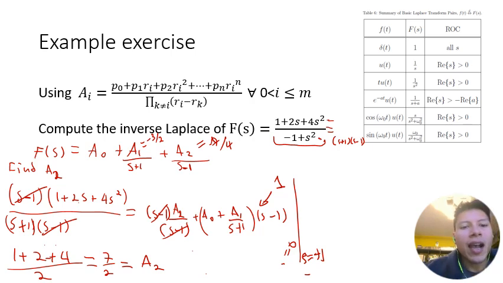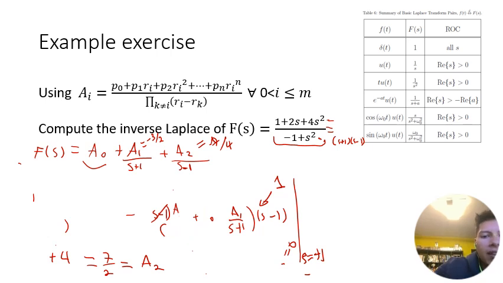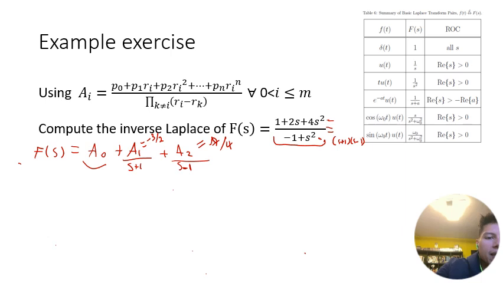Okay, now we need to find a0. At this point it's very easy, because remember that this expression has to be valid for all values of s. We've already used 1 and -1, so we cannot use those, but let's say we plug in 0.